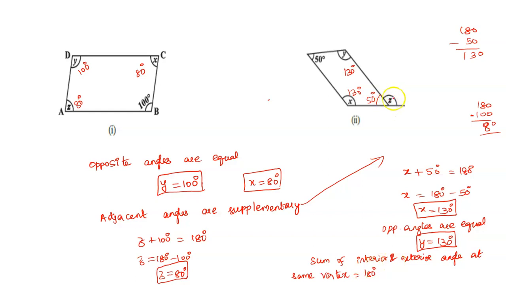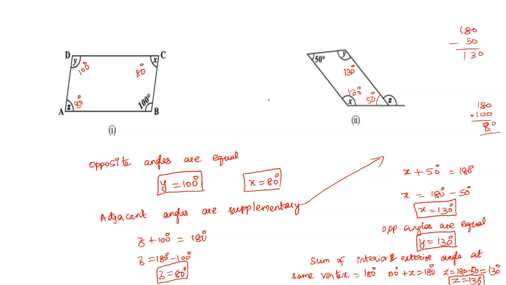Using this I can easily find z. So 50 plus z is equal to 180 degrees, so z is equal to 180 minus 50, which is 130. So z is also 130 degrees.